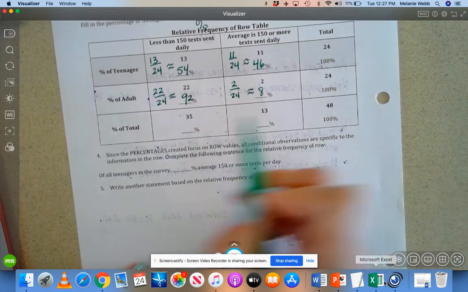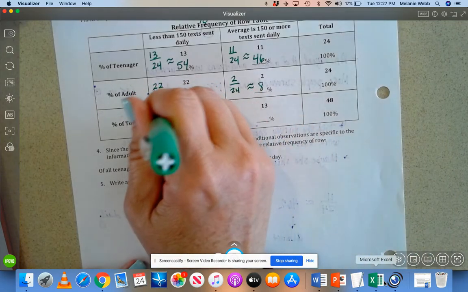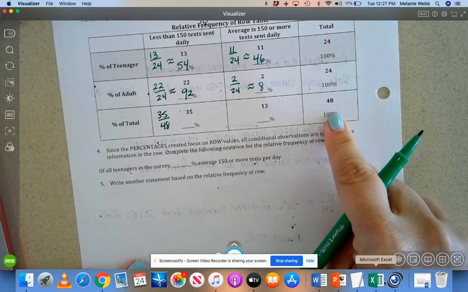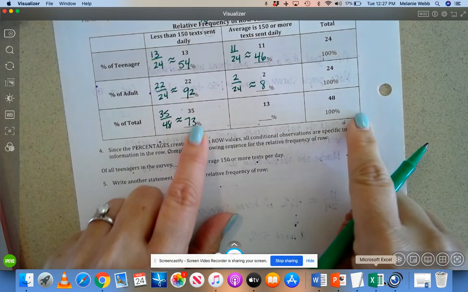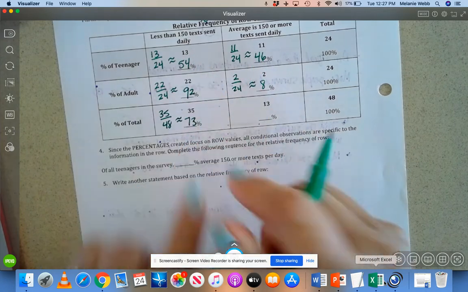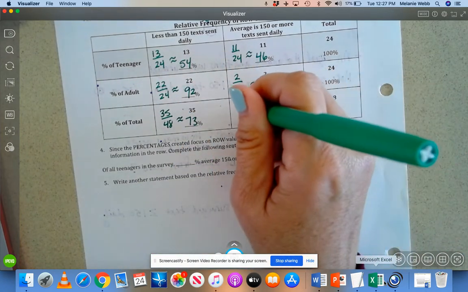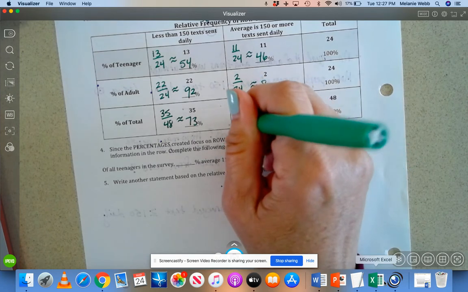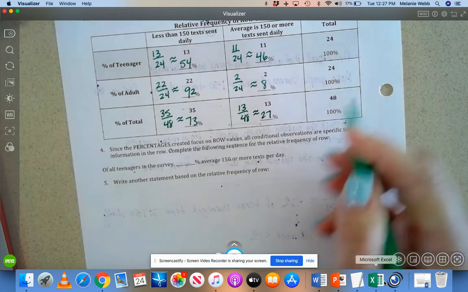And then the totals. So 35 out of 48 total people surveyed is about 73%. So of the people surveyed, about 73% send less than 150 texts a day. And then 13 out of 48 is about 27%. So that adds up to 100%.